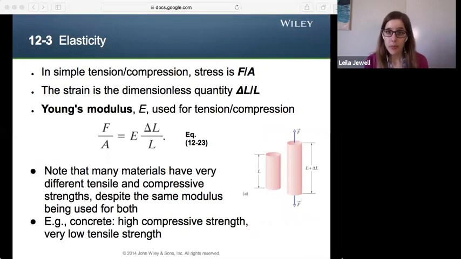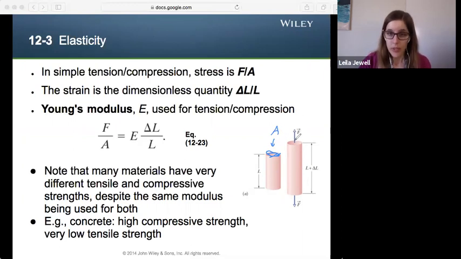So in simple tension or compression, our tensile case, the stress is just calculated with the force divided by the area, where the area is going to come from these end caps in the picture here. So you could imagine this circle, we want to find that area.